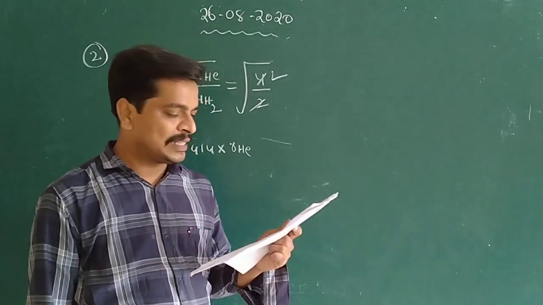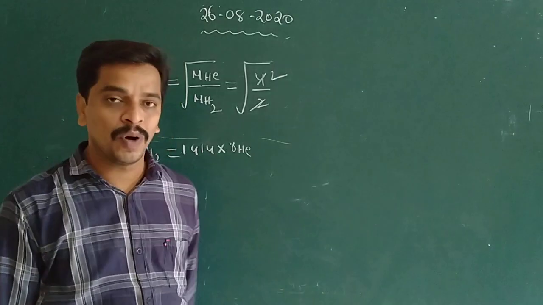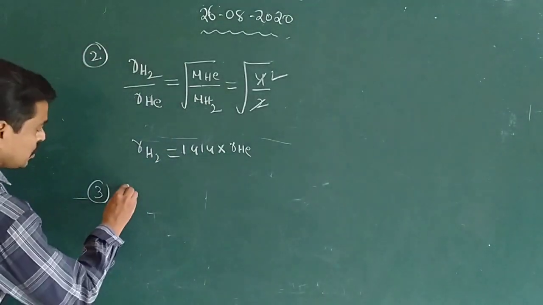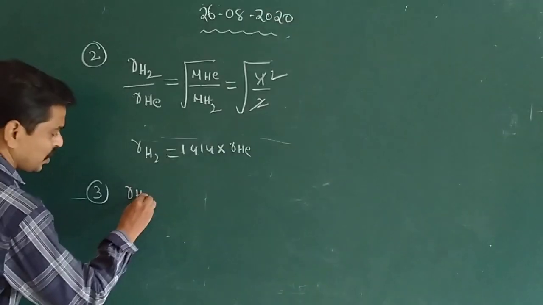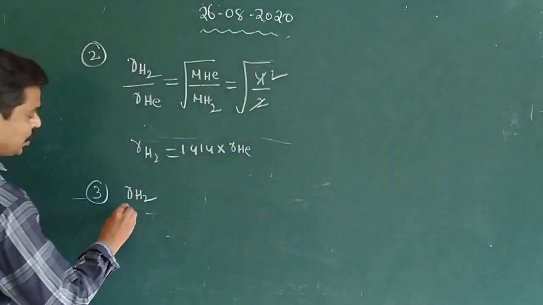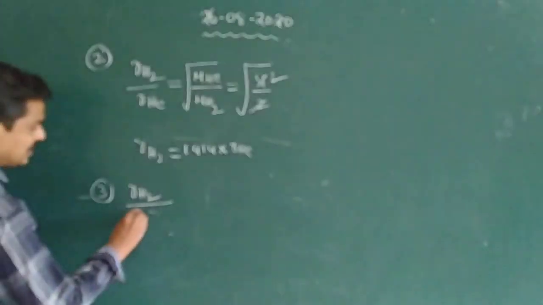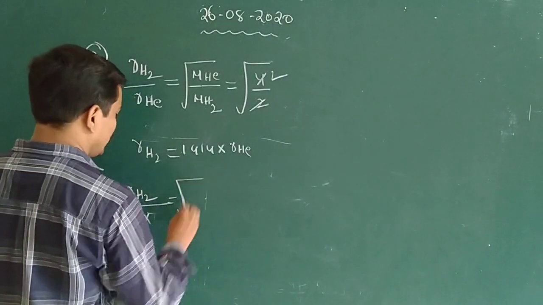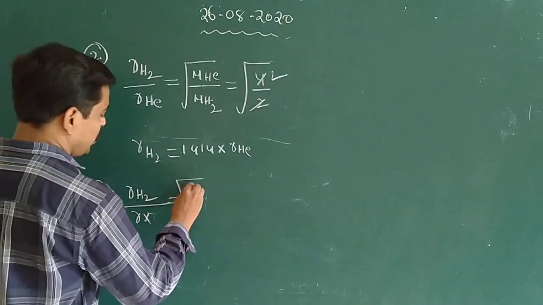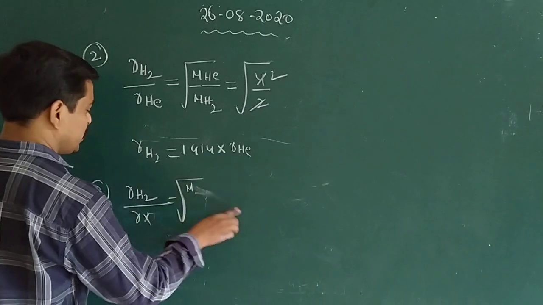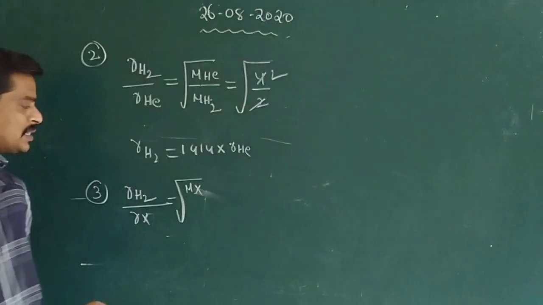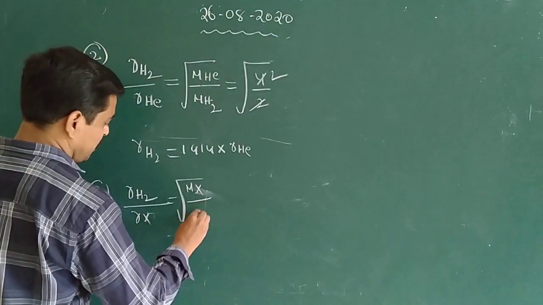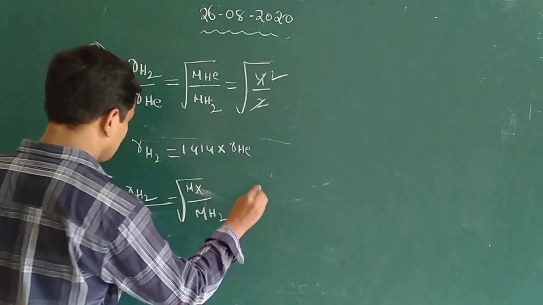Next, question number 3, students. Hydrogen gas diffuses 6 times faster than gas X. Molecular mass of gas X is, students. So hydrogen gas R H2 is going to compare its rate of diffusion with the other gas. R H2 by Rx is equal to square root of mx by m H2. Yes or not?